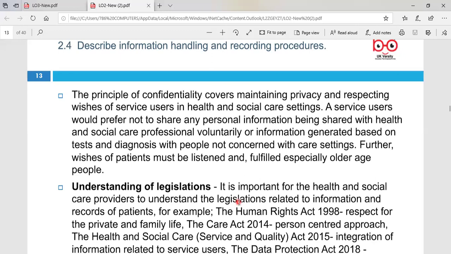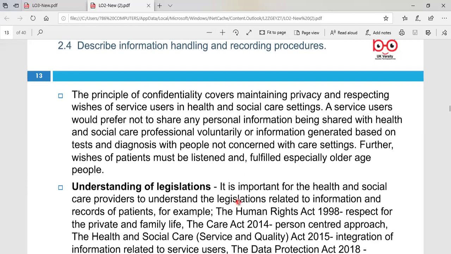So a person might wish not to disclose certain information to anyone, and let's say that information is vital to be shared. Then what do you do in that situation? How do you go about handling this situation? What are the prerequisites of handling such a situation?